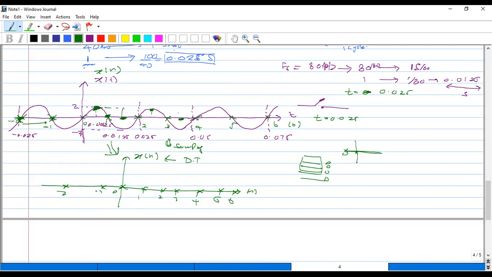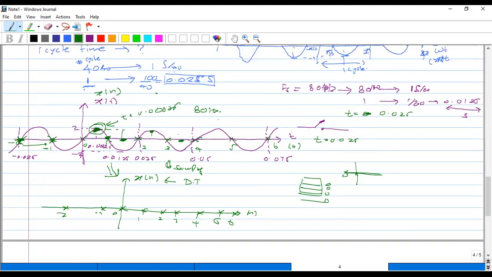So consider this signal and the same sampling frequency, 180 Hertz, and start the sampling at this point, and see what is happening, whether you can reconstruct the signal or not. That is one task. Use the same signal with the same sampling frequency, and the sampling starting point is t equal to 0.00625.